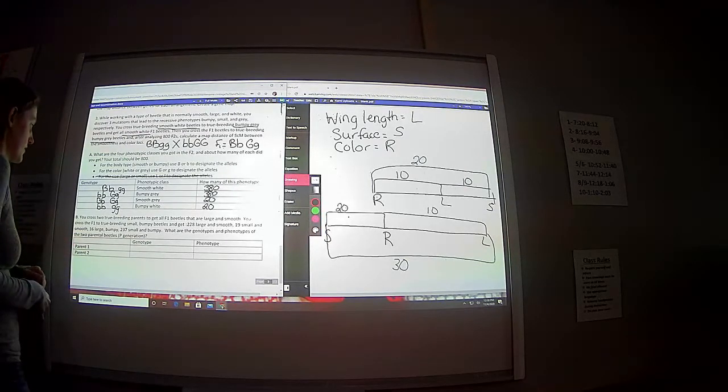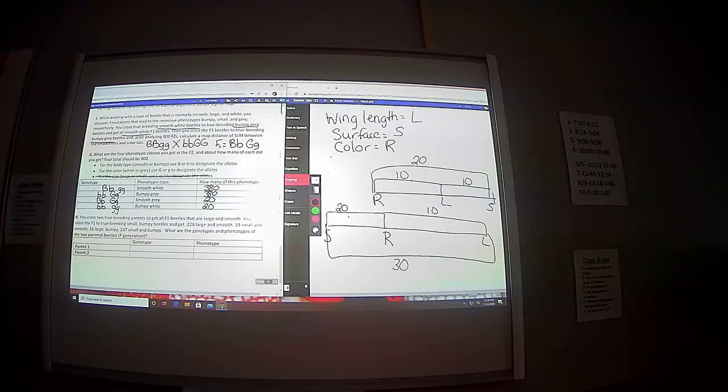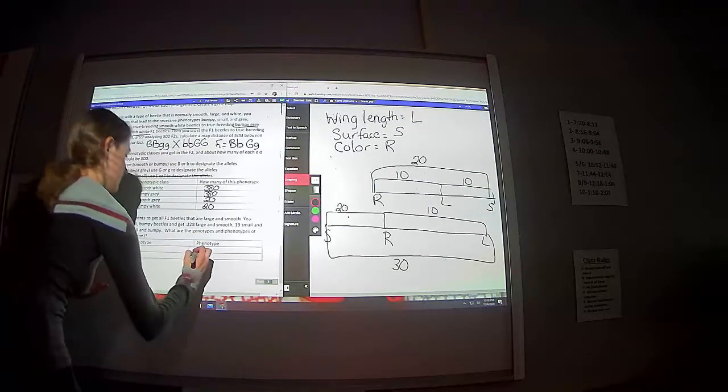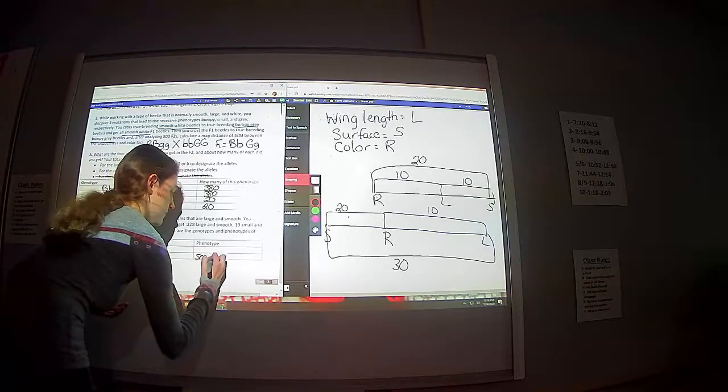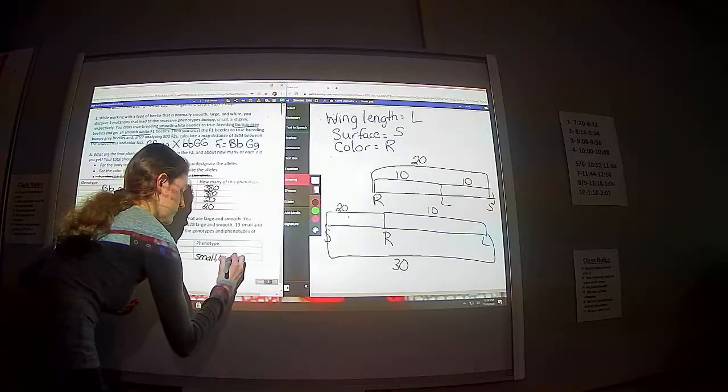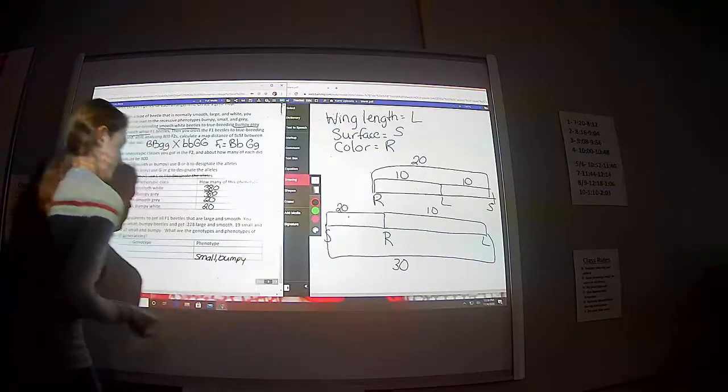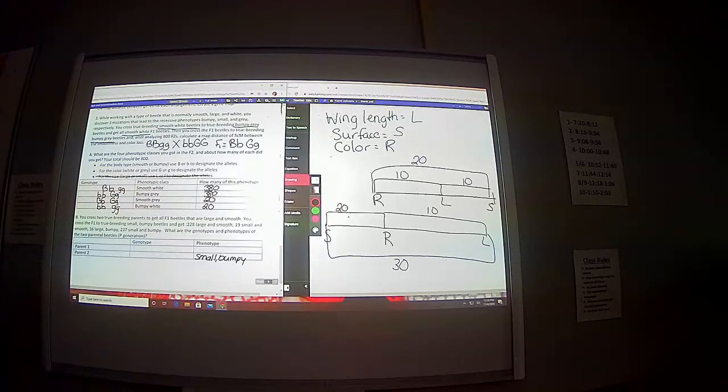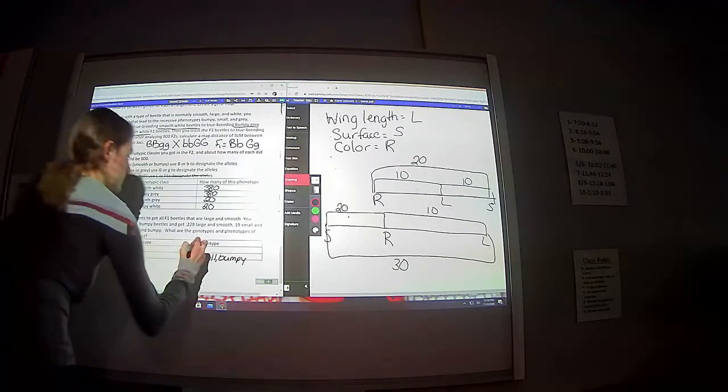Cross the F1 with a true breeding small bumpy beetle. So we would write small bumpy for one of our phenotypes here, and we need large smooth beetles to be our other one.